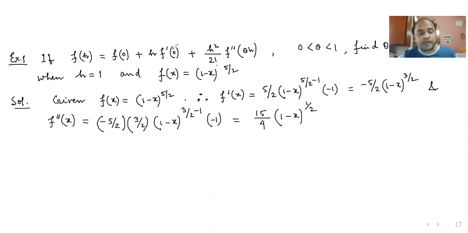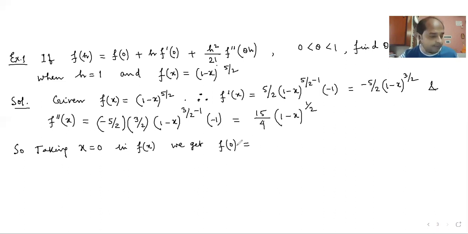Now, since we have calculated f dash x and f double dash x, we are going to calculate these items. Okay, so taking x equal to 0 first in f(x), we get f of 0, which is 1. f of 0 is 1.